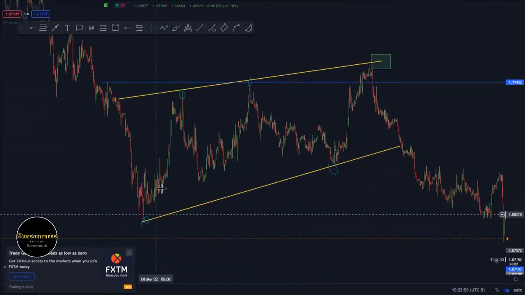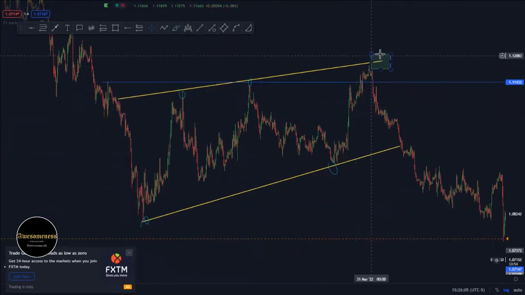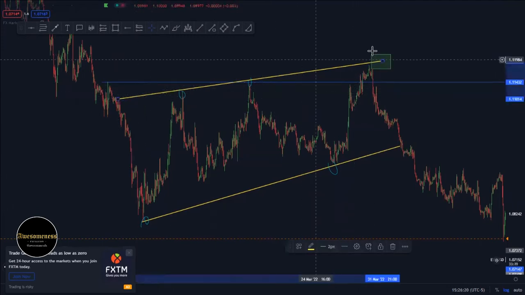Let's say for instance you're drawing your Falcon structure in a straight line like this, joining according to the trend. You get your first touch, second touch. Now price got here and started retracing back. All you do first is make sure your trend line is straight and is touching each of them.